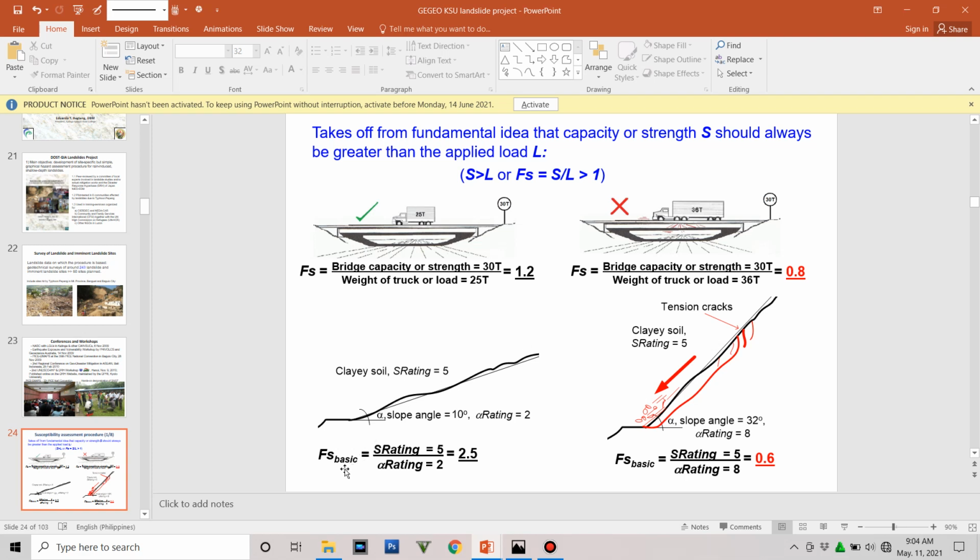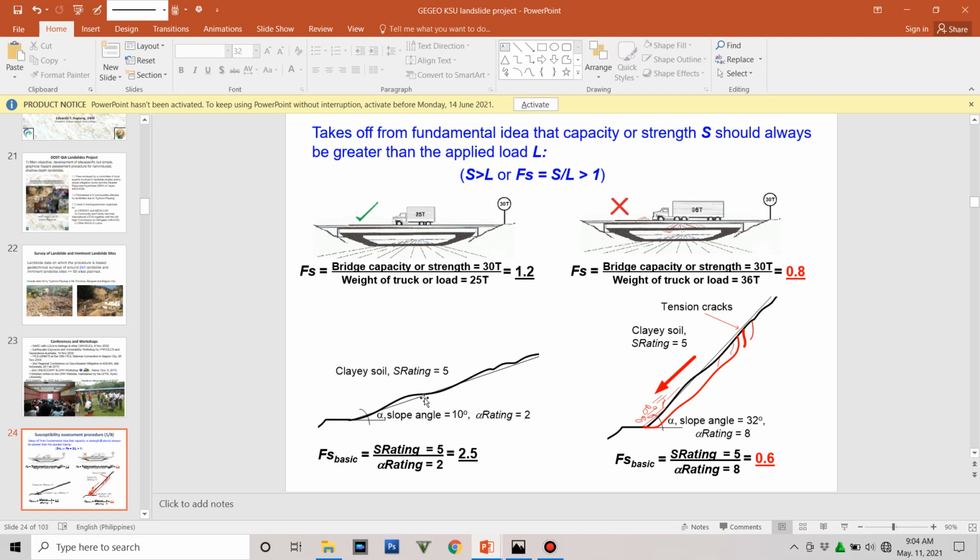So from that, the basic factor of safety here is actually the S rating over the alpha rating. The S rating refers here to the slope material. So the S rating is the capacity of the material.